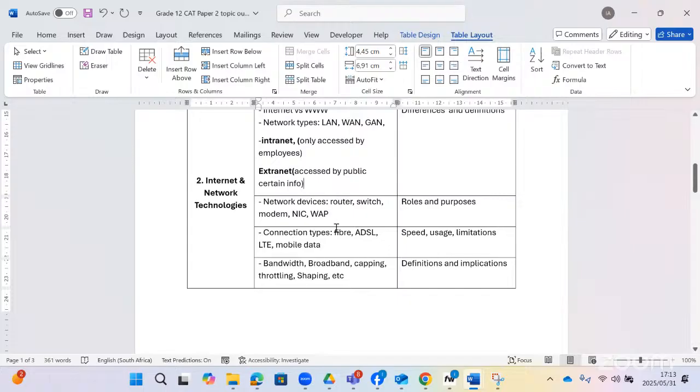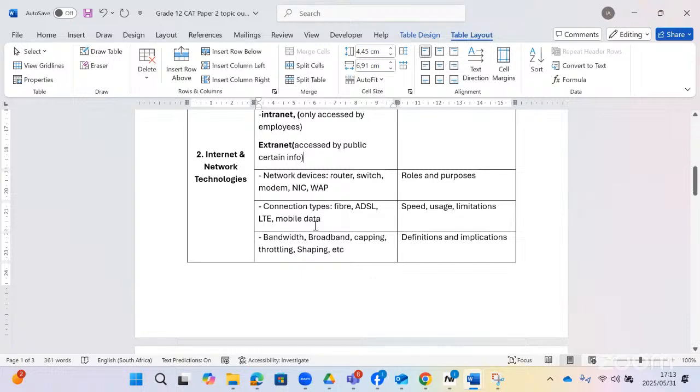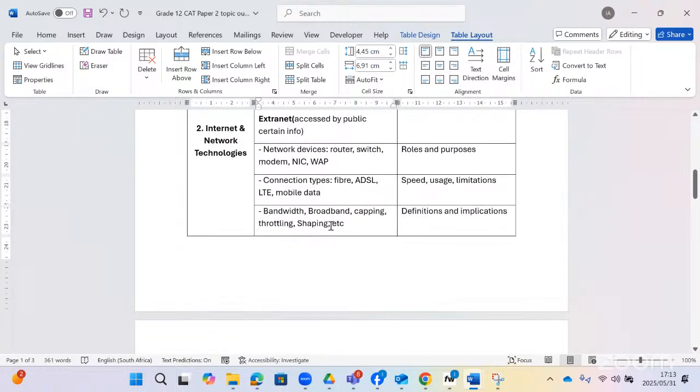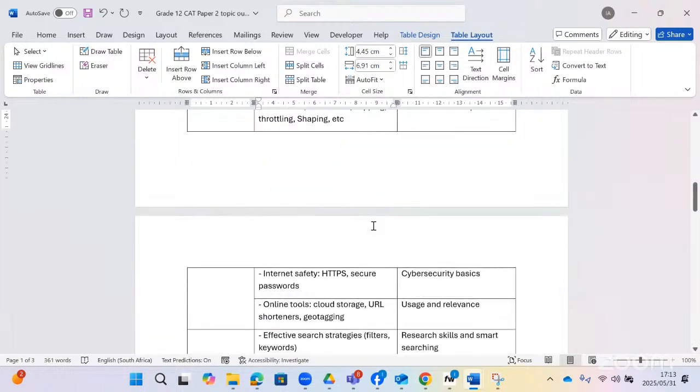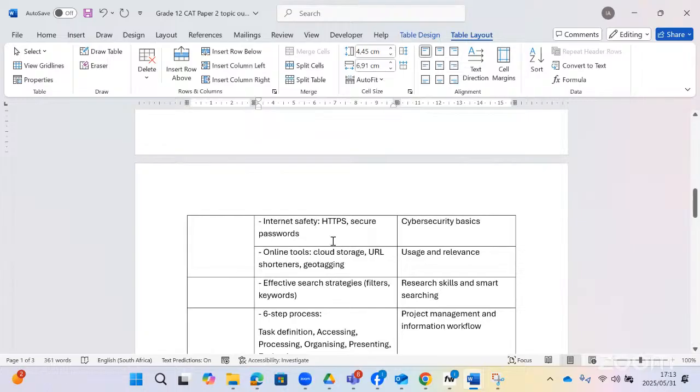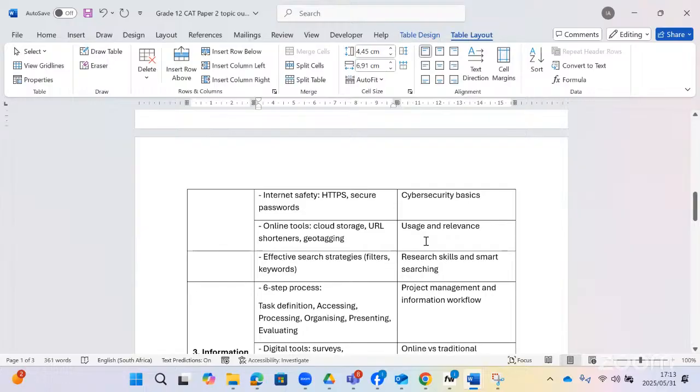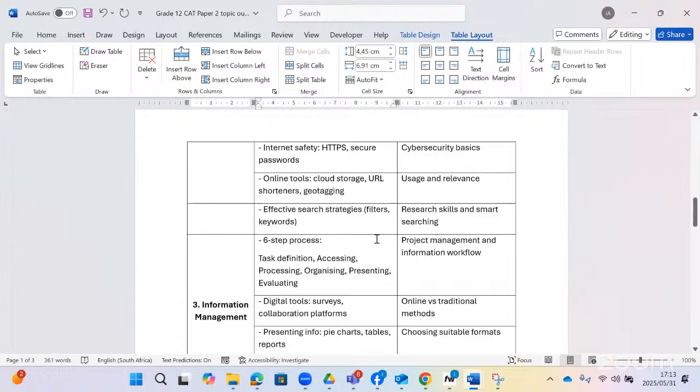And like I said, network devices: router, switch, modem, NIC, and their roles and purposes, ADSL and others, bandwidth, cap, and throttling, internet safety, HTTPS, secured passwords, that's cyber security, geotagging, URL shortener, cloud storage, and others.